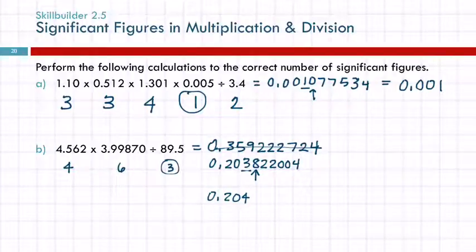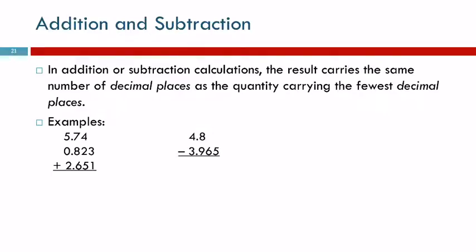There is uncertainty in our result because there was uncertainty in the numbers we got the result from. Questions? How about adding and subtracting? So here's the rule. The result carries the same number of decimal places as the quantity carrying the fewest decimal places.